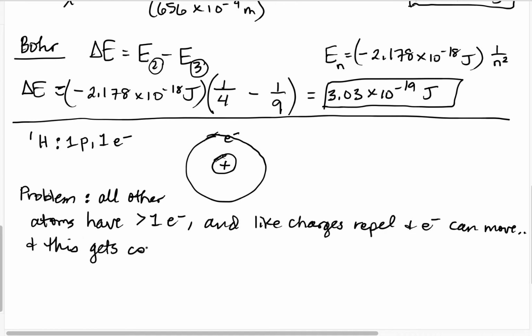This complicates the math in trying to describe this so much that there is no simple equation for describing the behavior of the electrons around the atom. And this is true. There are no simple equations describing the interaction of electrons in any other atom. Hydrogen is the only one that we can describe exactly. All of the other ones are too complicated because of electron-electron repulsions.